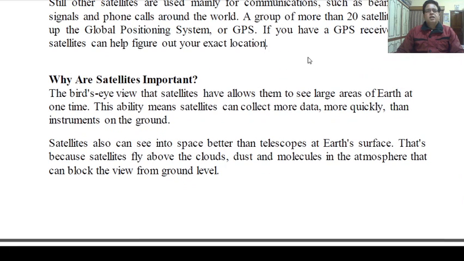Why are satellites important? The bird's eye view that satellites have allows them to see a large area of Earth at one time. This ability means satellites can collect more data more quickly than instruments on the ground.